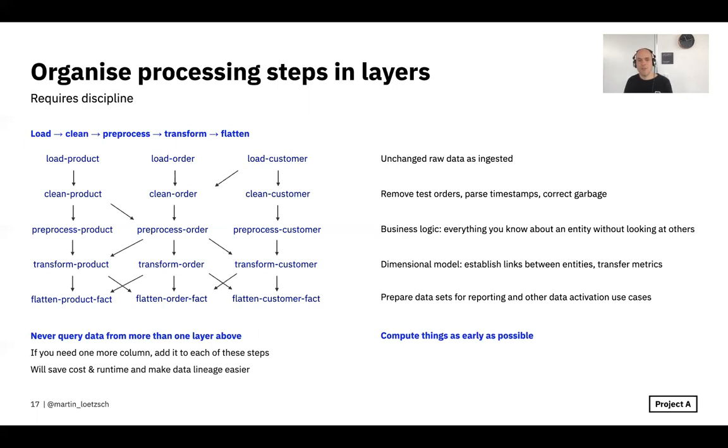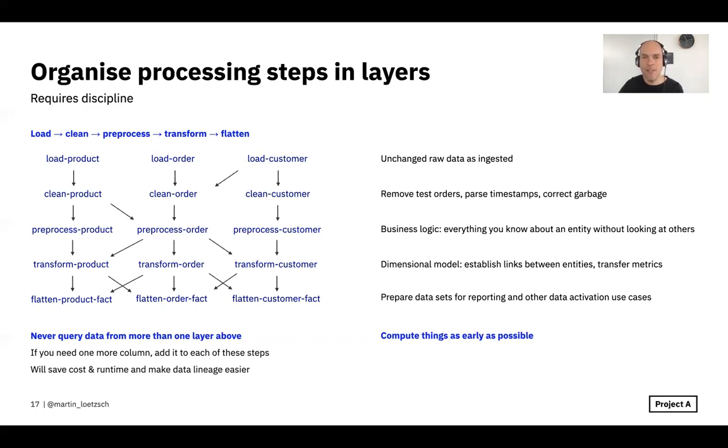So your boss comes to you and says, I want a different logic for creating the customer segment of a customer, or a categorization. For example, you could say it's a loyal customer or not. And the easiest place to do that would be after you flatten your customer fact.